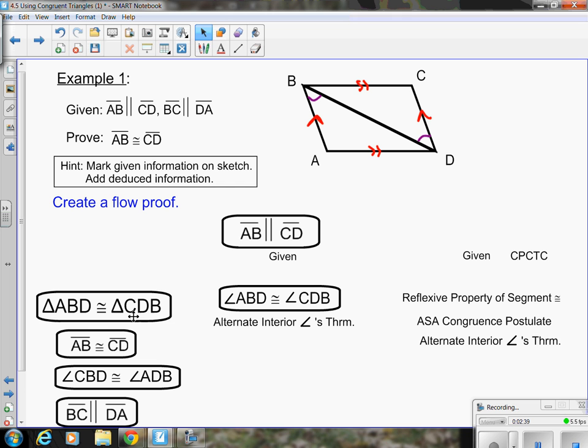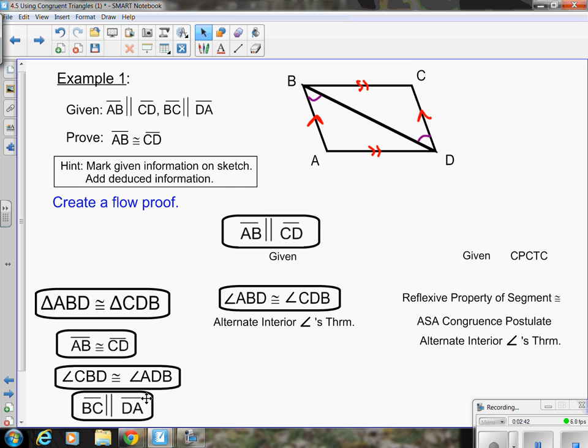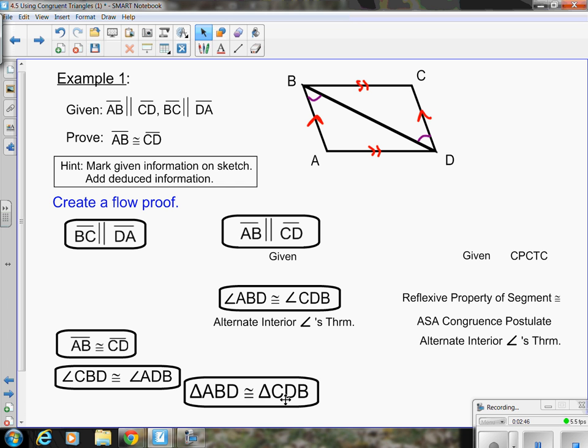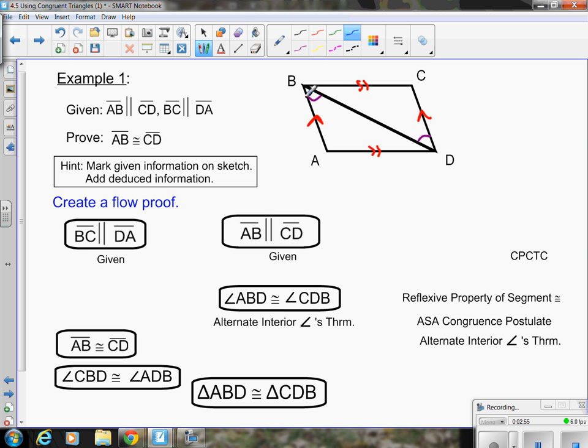Okay, now I'm going to use my other given. With that other given, I'm saying this is my parallel line, this is my parallel line, here's my transversal.